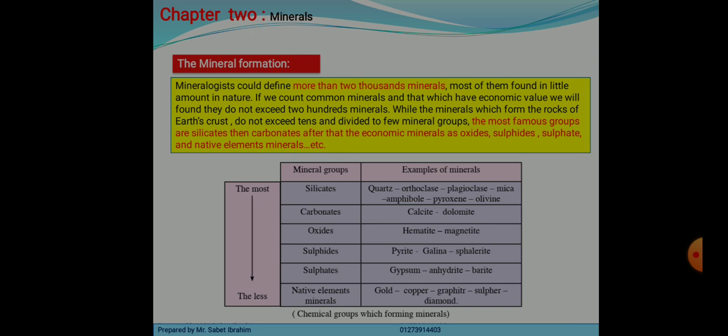Mineralogists, or the scientists of minerals, defined more than 2,000 minerals, most of them found in little amounts in nature.